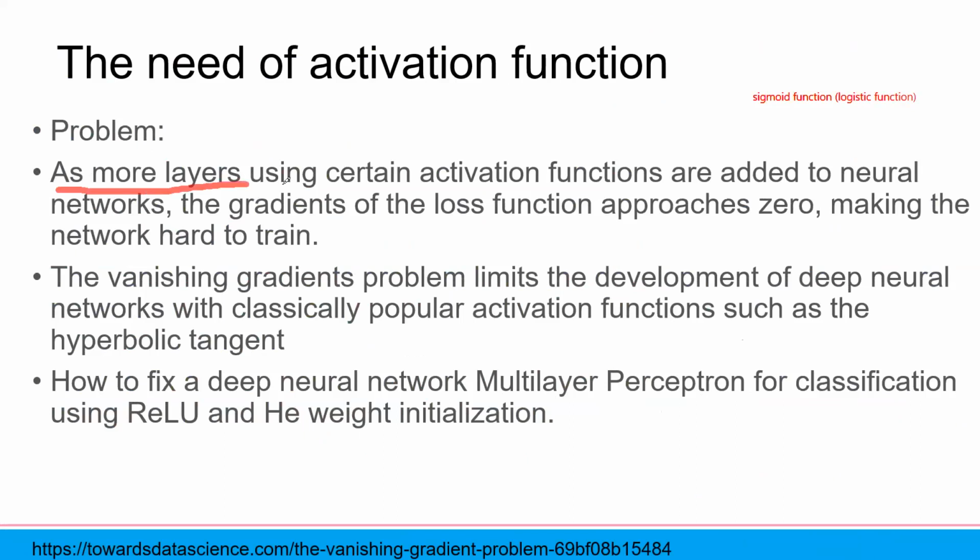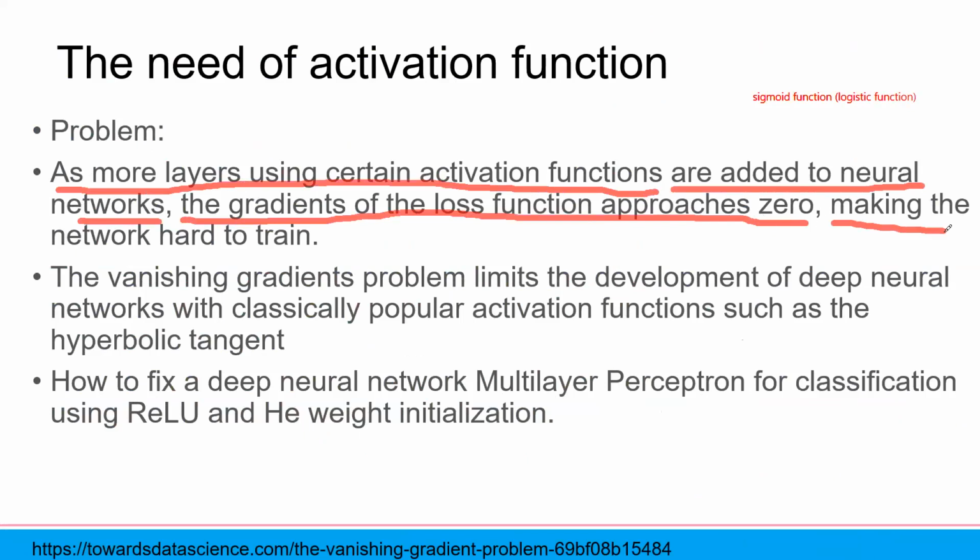As more layers using certain activation functions are added to the neural networks, the gradient of the loss function approaches 0, making the network hard to train. So if you have many layers, and when the layers calculate the values, there is a possibility that it will create 0. So 0 multiplied by 0 will be 0.